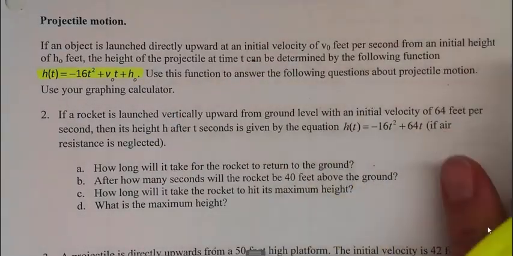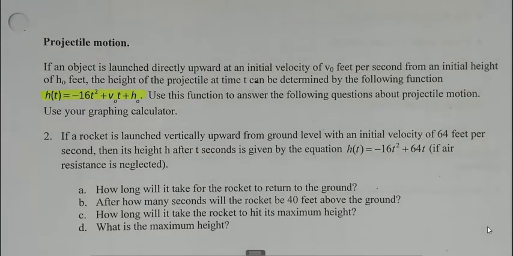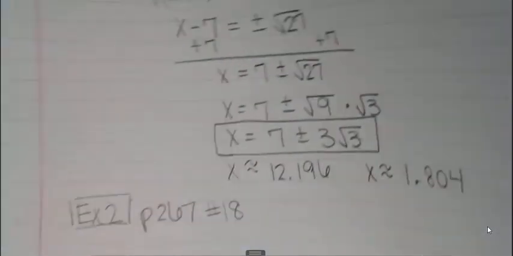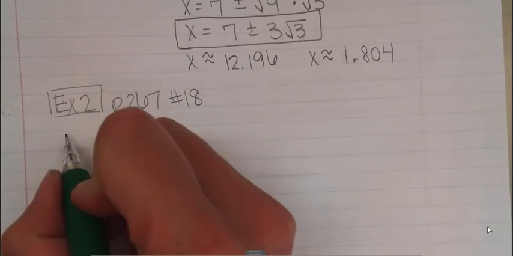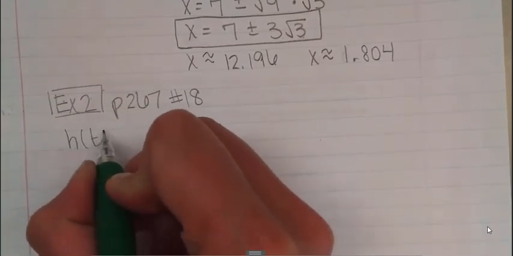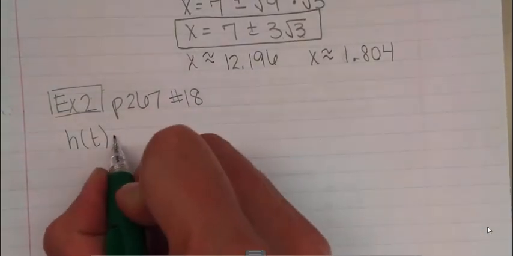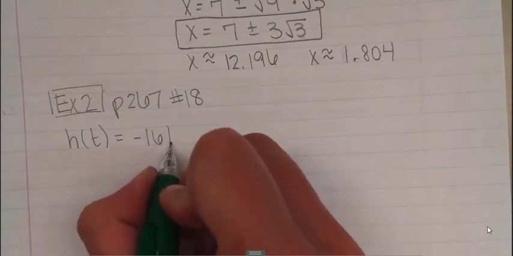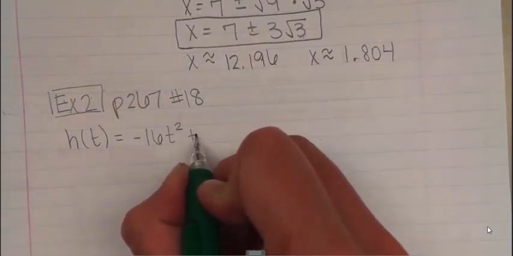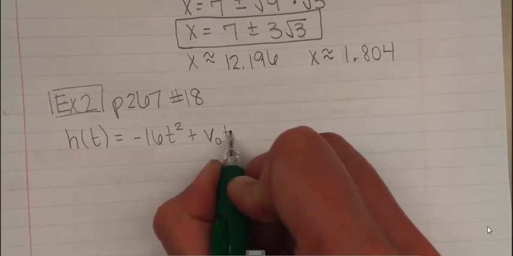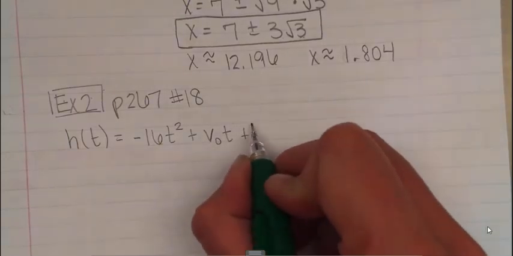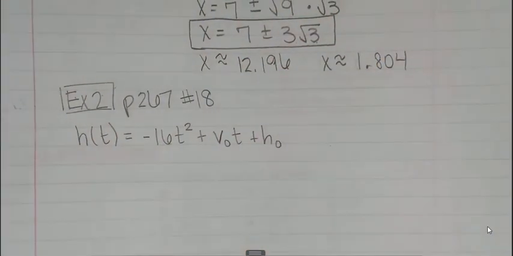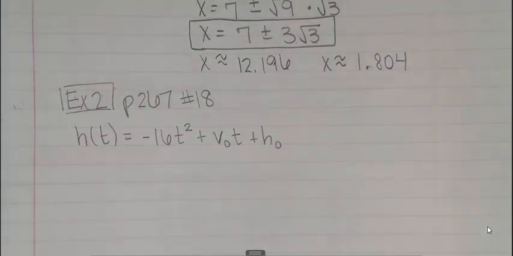Okay, so we're going to apply that to this problem. So I'm just going to rewrite that equation. h of t is negative 16t squared plus v naught times t, or time, plus h naught, where v naught is your initial velocity and h naught is your initial height.